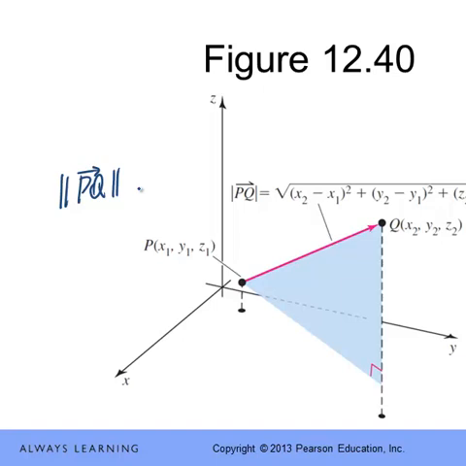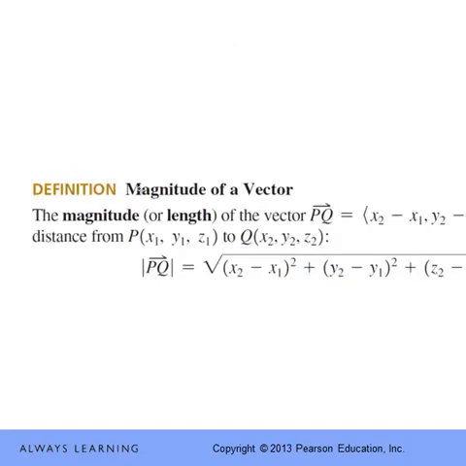This will not be the last time you might see different notation meaning the same thing. It just means magnitude. So the magnitude of a vector is basically the square root of the sum of the squares of the components of the vector.